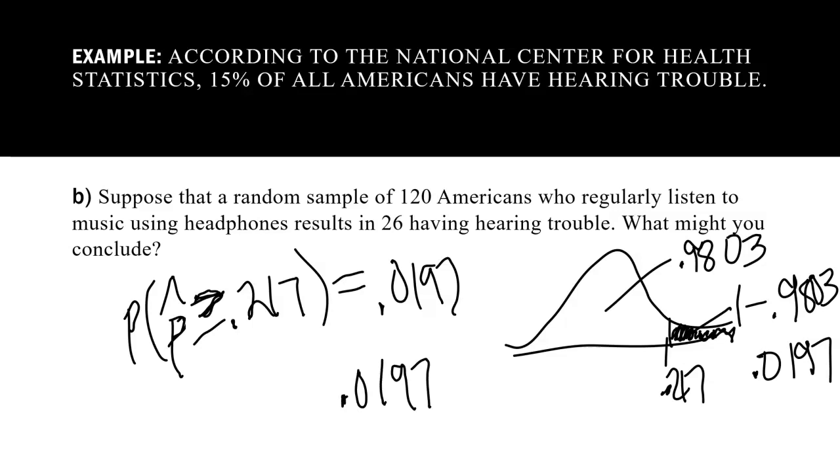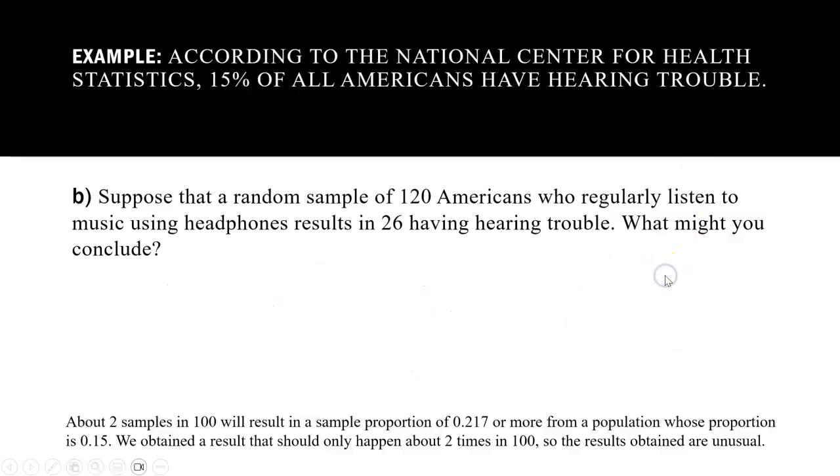It's not 0, but it is less than 0.05. So we would say that that is unusual, all right? What does that mean? Here is an interpretation for you. About 2 samples in 100, because it was 0.0197, if you round that, becomes 0.02. So 2 out of 100.